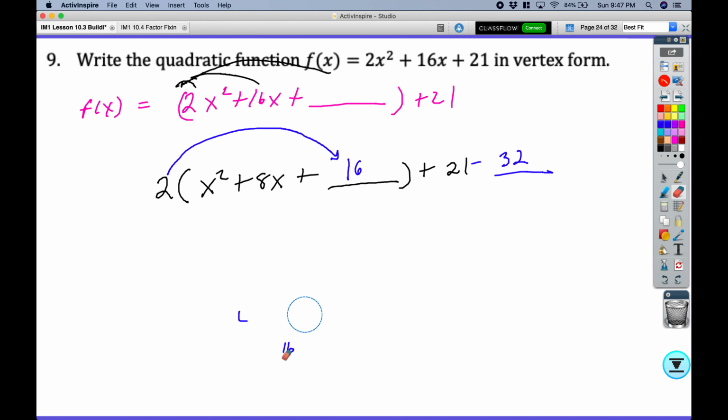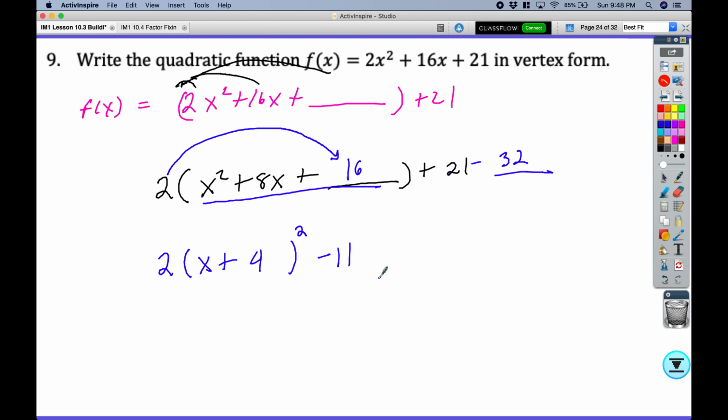So this is how you would get an a value in your a parentheses x minus h part. So it would be that 2 right there. So if I were to focus on this, the 2 stays the same. I then find the perfect square of this part right here, which would then be x plus 4, and then the square would come on the outside of that. And then I would just do 21 minus 32, which is negative 11.